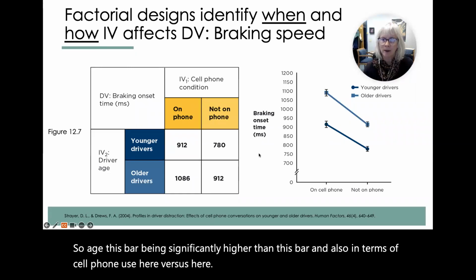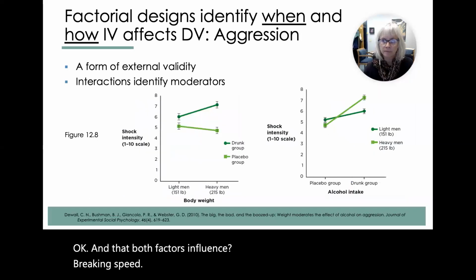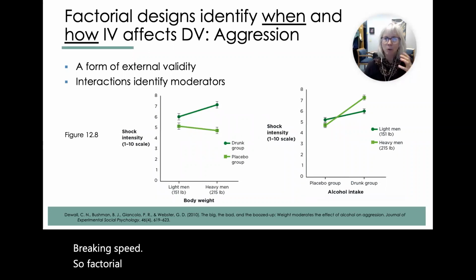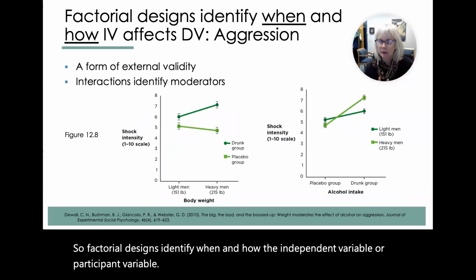Okay, and that both factors influence braking speed. So factorial designs identify when and how the independent variable or participant variable affects the dependent variable.